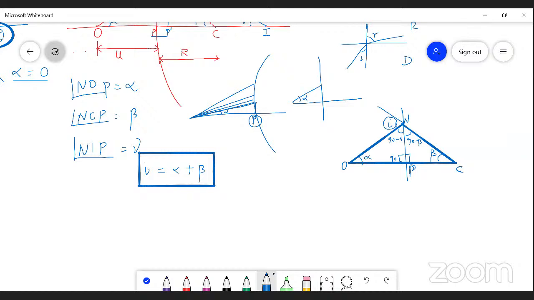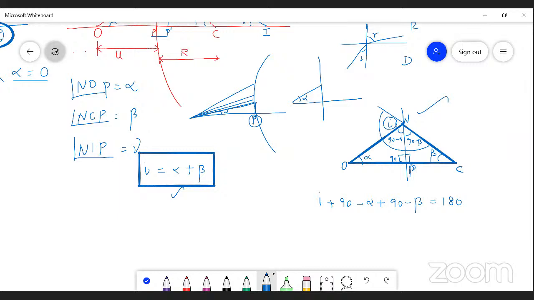The overall angle is 180 degrees. So I plus 90 minus alpha plus 90 minus beta is equal to 180 degrees. In our textbook, I is equal to alpha plus beta is given directly, but it is proved by these angles.